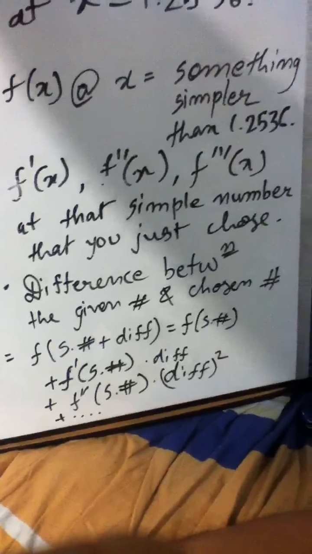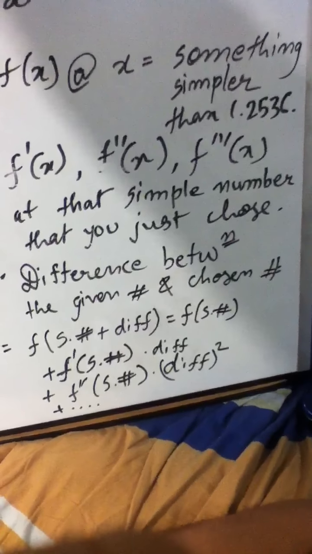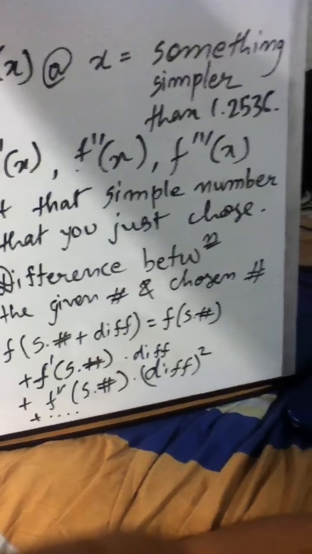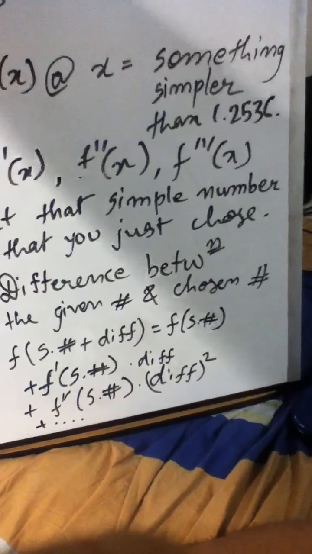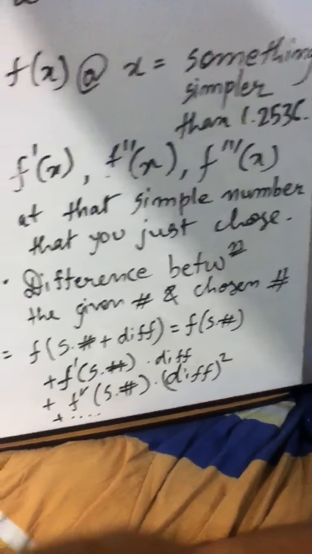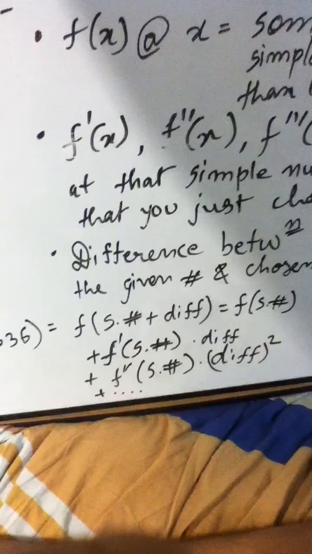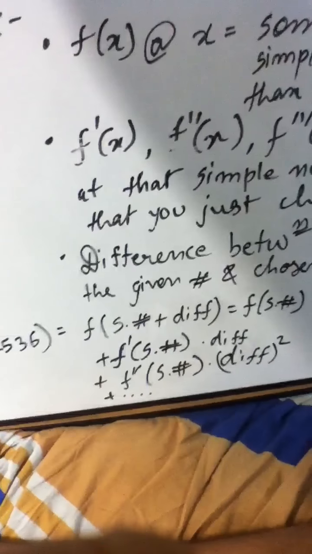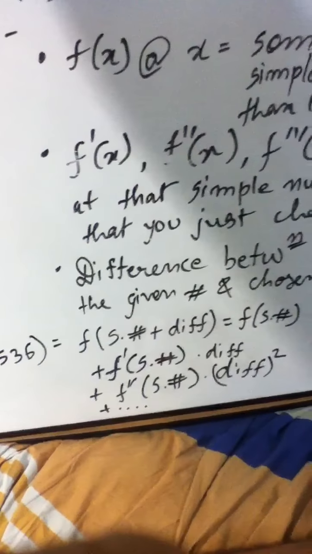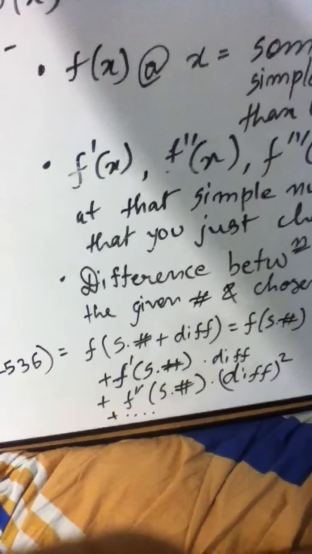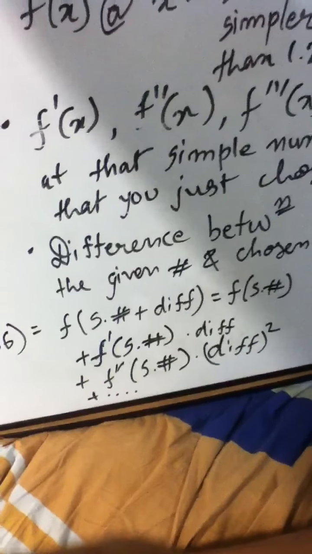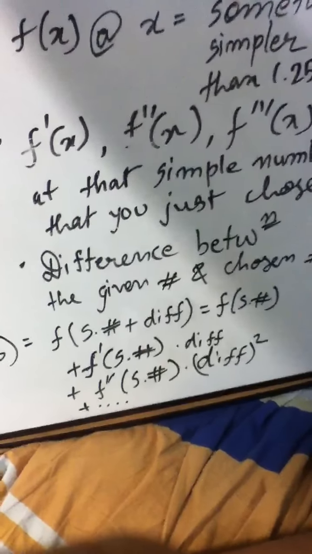And that, using the expansion of the Taylor series, can be written as f at the simple number, which is 1 in our case, plus f dash at the simple number, which is the first derivative of the function x squared at the simple number, times the difference, plus f double dash at the simple number times the difference squared.